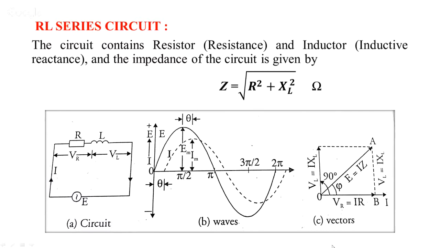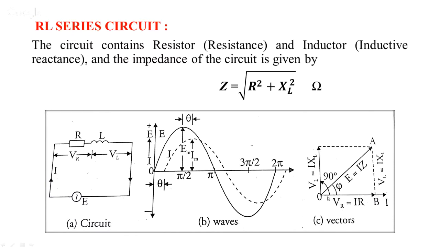So when we take the vector representation here, you can observe here. So this is 0. So from here, you can see this is the current I and this is VR. VR is the voltage across the resistor. VL is the voltage across the inductor. So in a resistor, we have already learned that the current is in phase with the voltage.